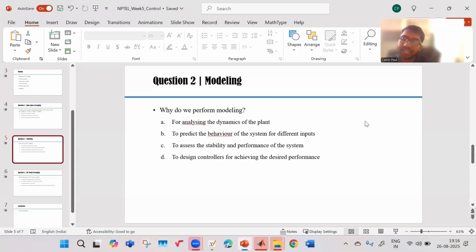So we want to analyze the dynamics of the plant. In that, we want to realize how fast our plant can respond.